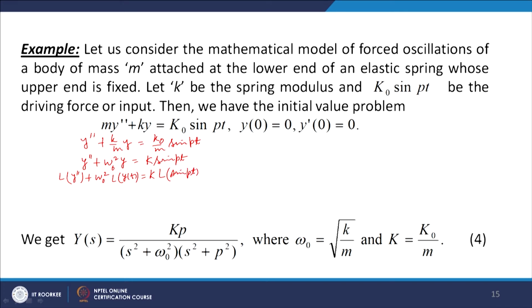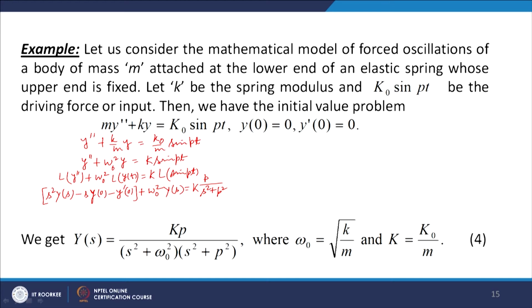The Laplace transform of y double dash will be s square Y(s) minus s y(0) minus y dash (0), plus omega naught square Y(s), is equal to K times the Laplace transform of sin p t, which is p upon s square plus p square.